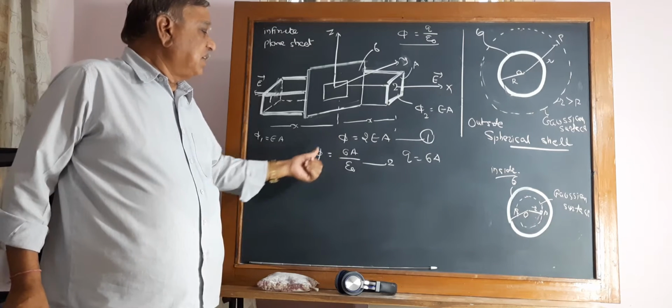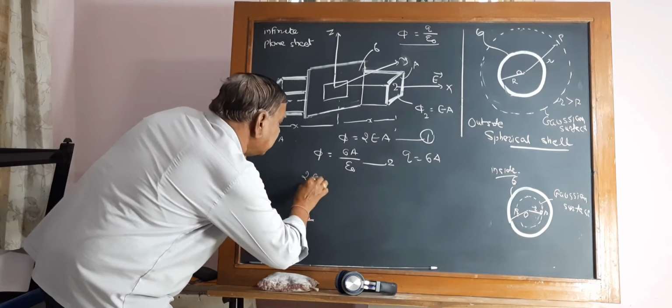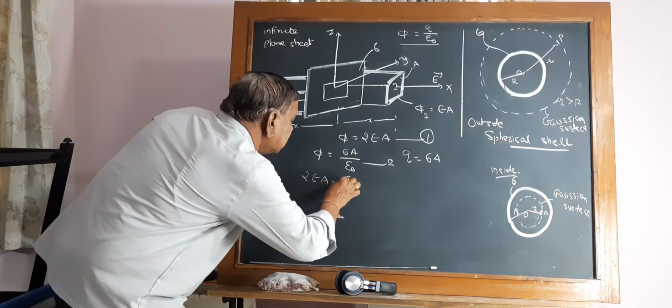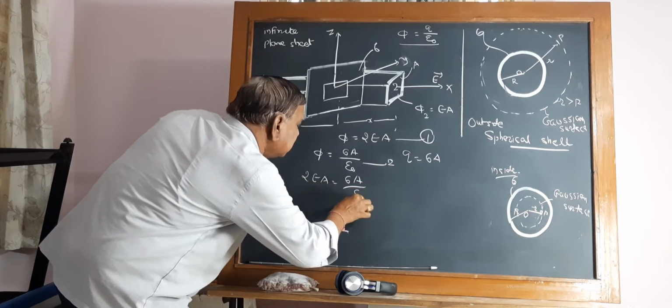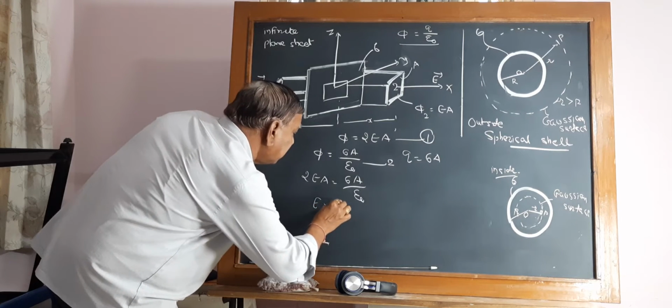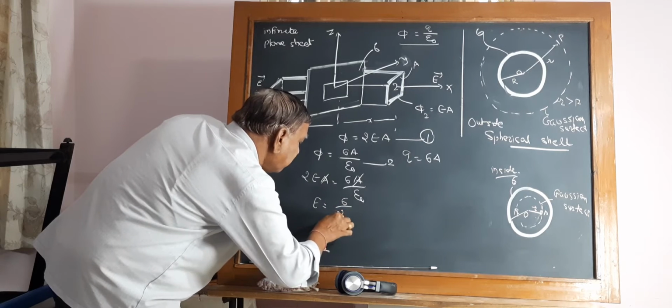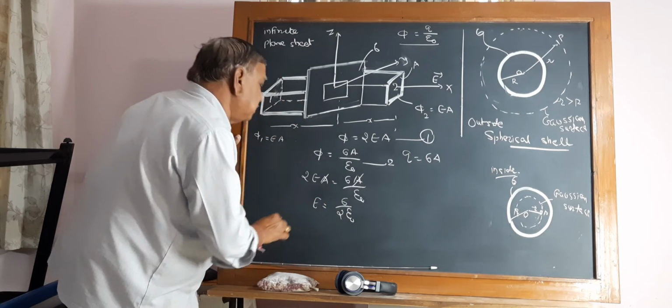Now comparing 1 and 2, we can write 2EA equal to sigma A by epsilon 0. So E is given as sigma by 2 epsilon 0.